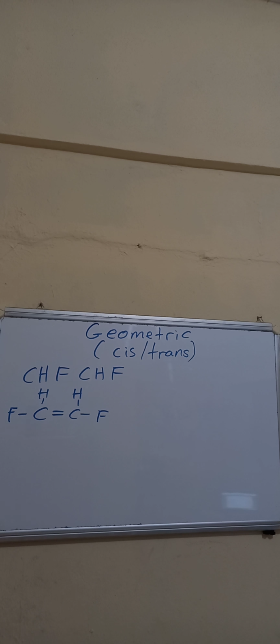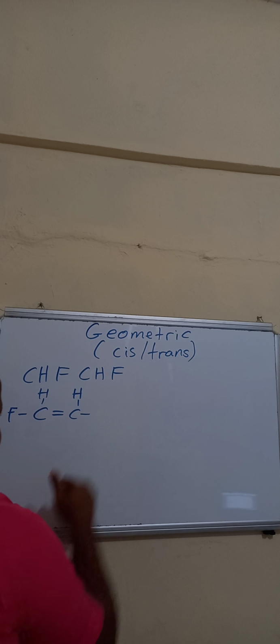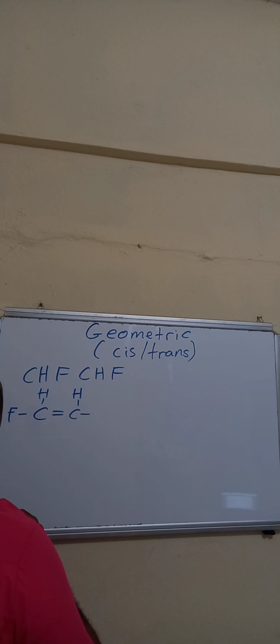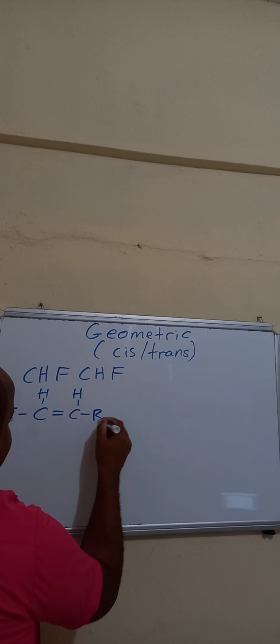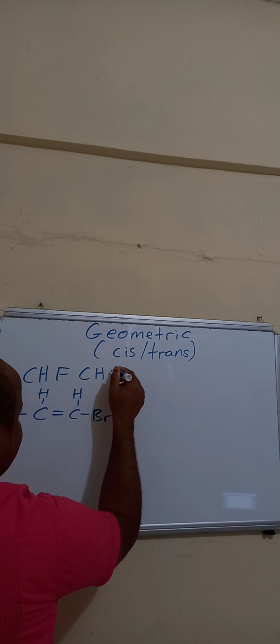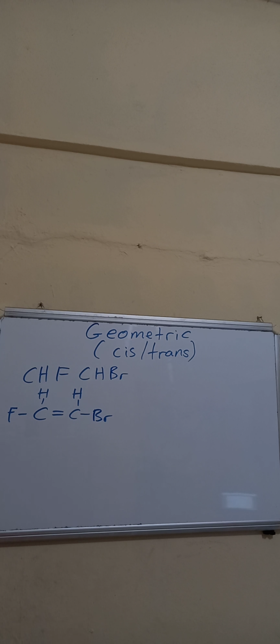So this is our compound. Now cis and trans refer to a particular spatial arrangement. With the cis, you will have two groups, one on each carbon atom, that are the same. Let me change one F to Br. So on each carbon atom, you must have a group or an atom in common. In this case, the hydrogen atoms. So each carbon has a hydrogen atom.